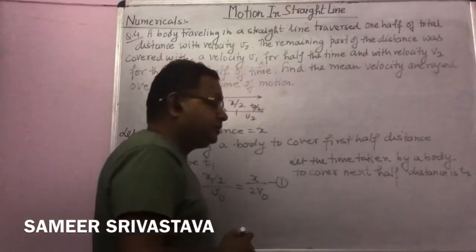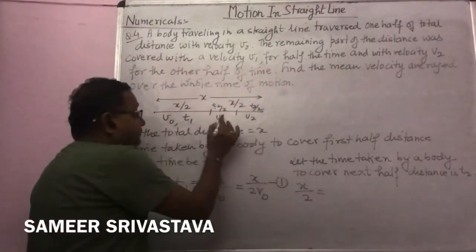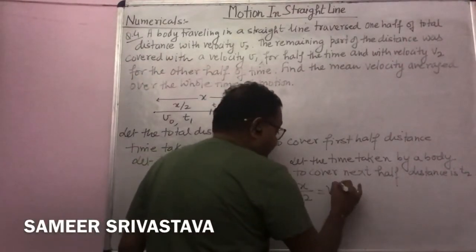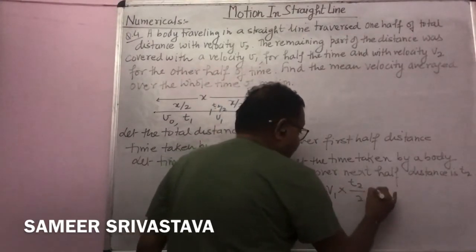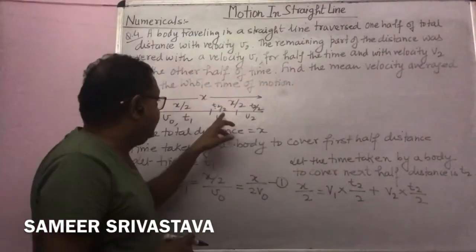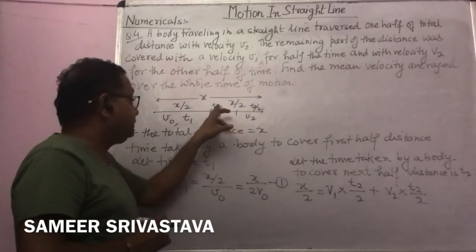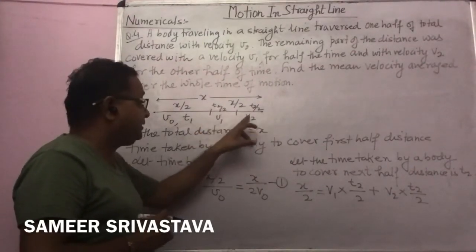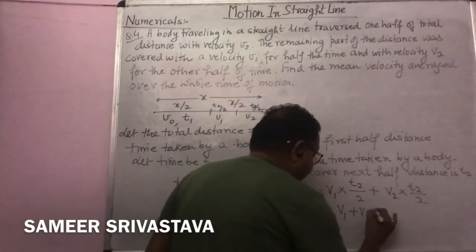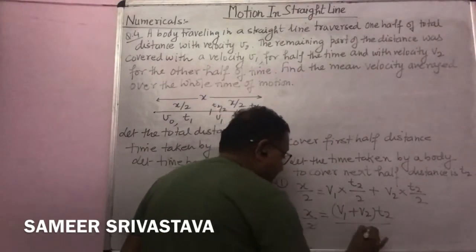Okay, now in the next half distance, that is x by 2, there are two different speeds for half the time each, that is x by 2 is equal to v1 into t2 by 2 plus v2 into t2 by 2. What it means is, the half distance is covered with two velocities: v1 into time t2 by 2 plus v2 into t2 by 2. Now solve this equation, we get v1 plus v2 into t2 upon 2, that is x by 2, the 2 is cancelled out.